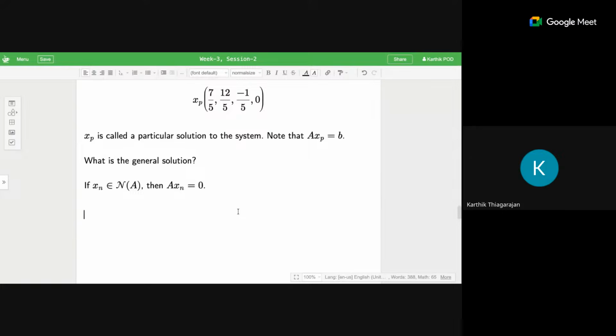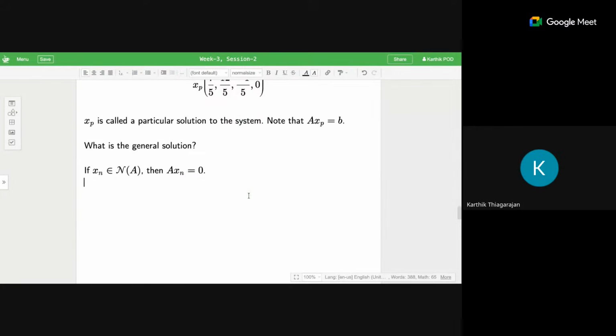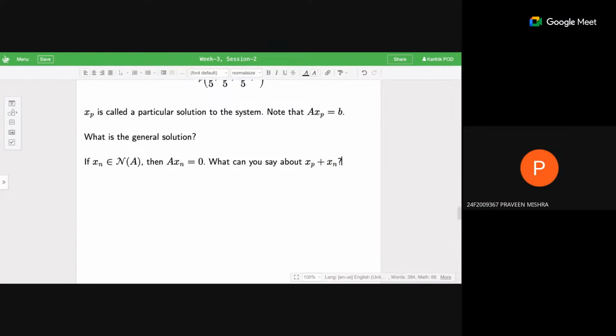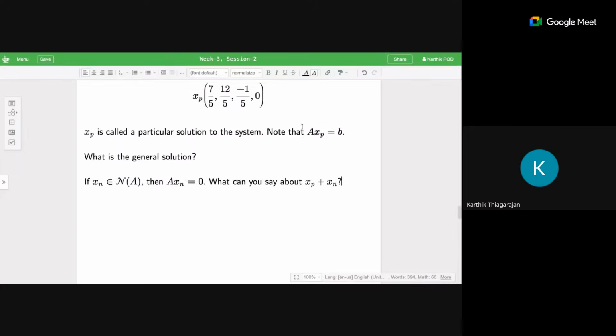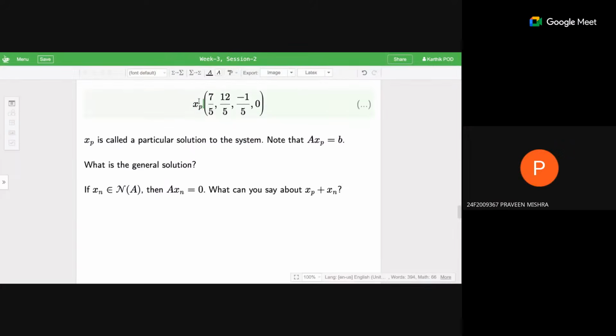Now what can you say about xp plus xn? See, xp is this vector that we just found out, and xn is some vector in the null space.